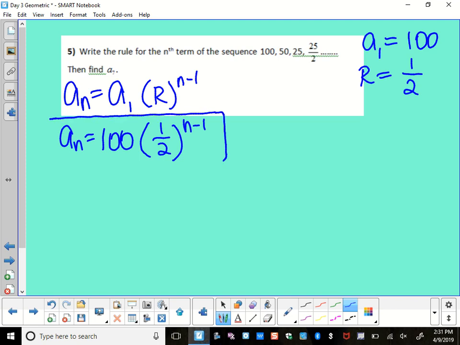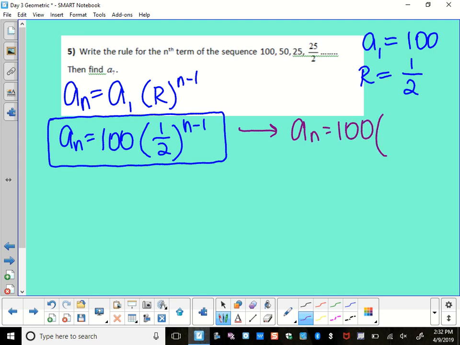Because we're just writing the rule, I'm not plugging anything in for n. I just leave n there. That's my rule that I could put anything in if I wanted to. But once I have my rule, I can use that to find whatever term that I want.